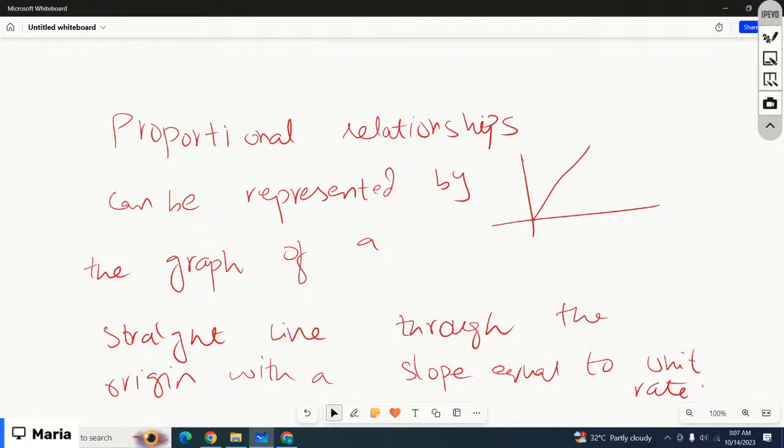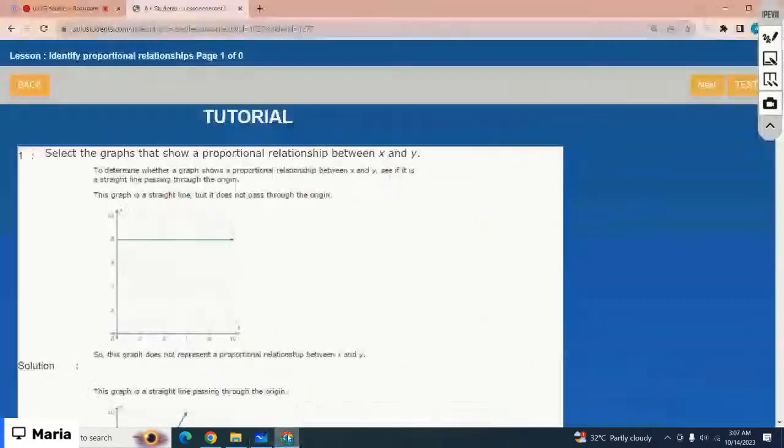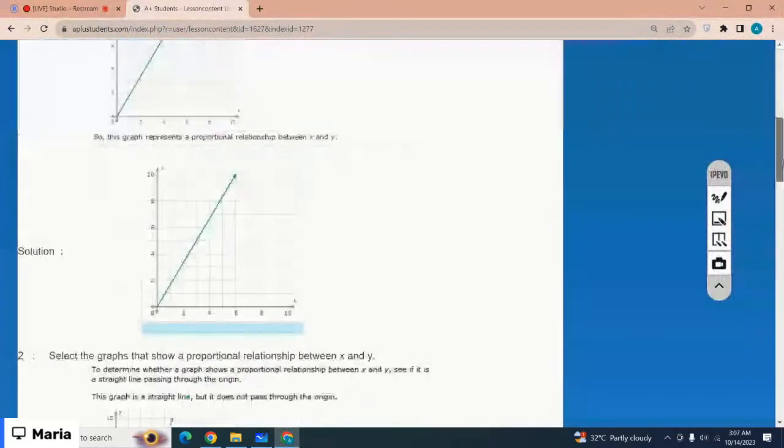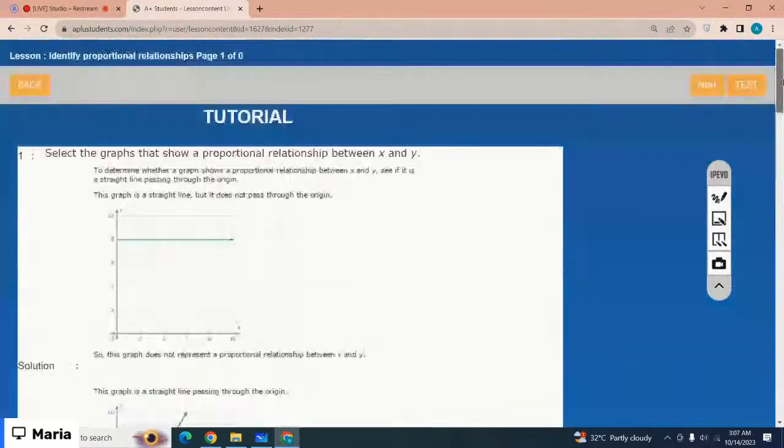Let's just do practice questions, then it would be easier to understand. Select the graph that shows a proportional relationship between x and y, right? So that means you are given more than one graph. You have to identify which graph is the proportional relationship. Just look at this graph.